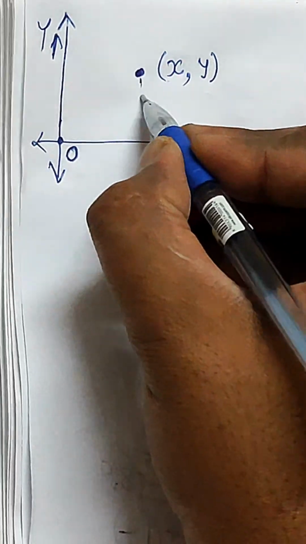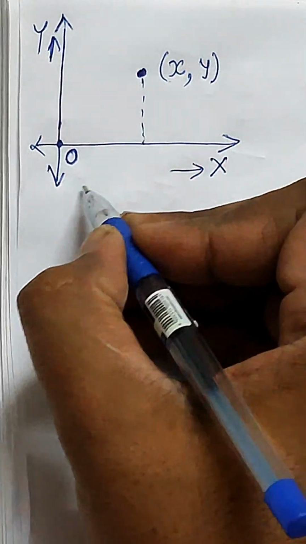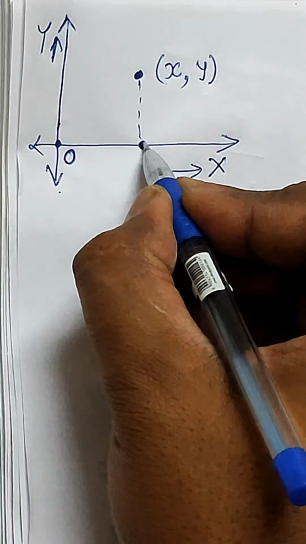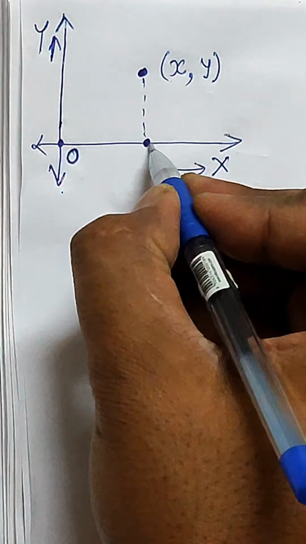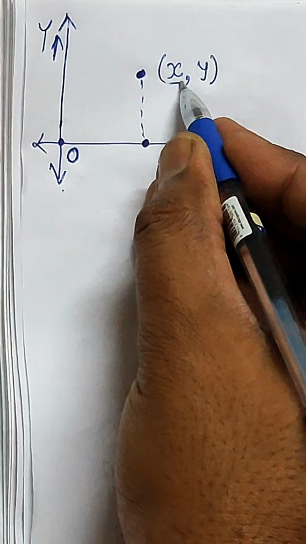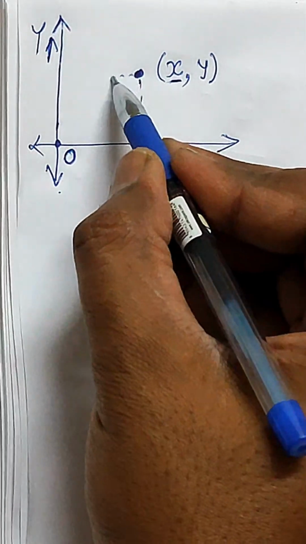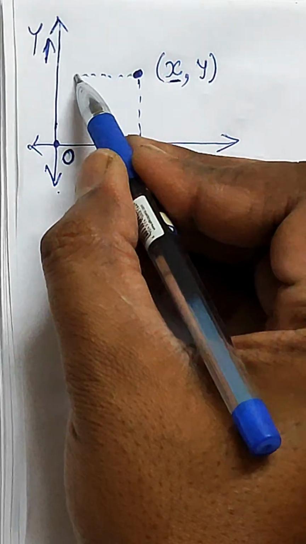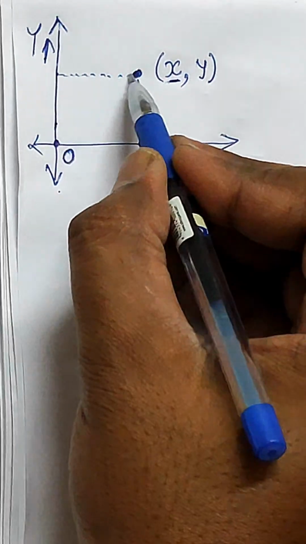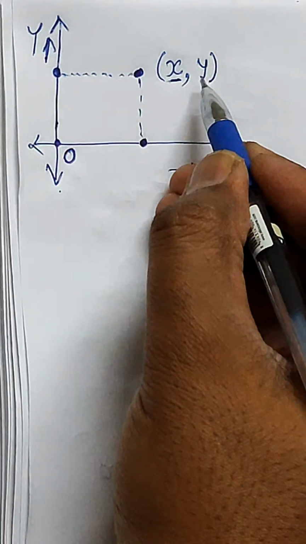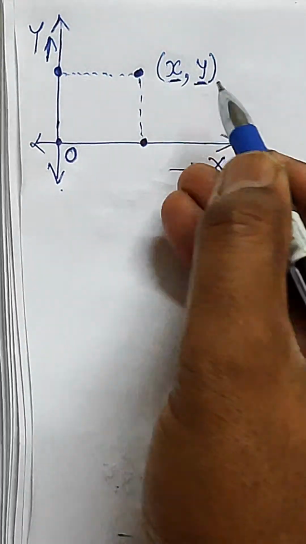So that means this point corresponds to x, and when you draw this line perpendicular to y, this point corresponds to y, right?